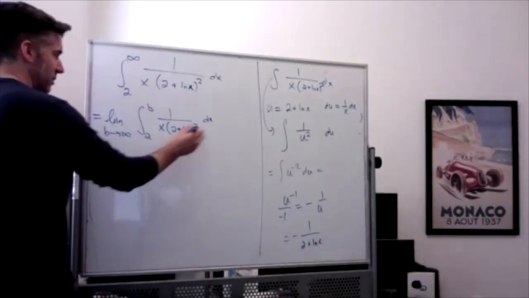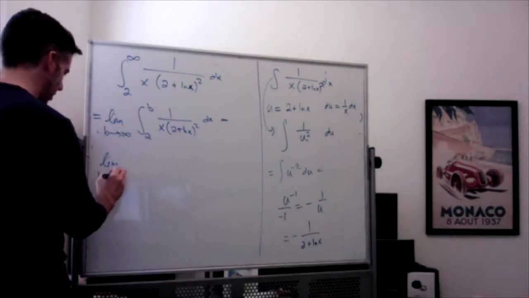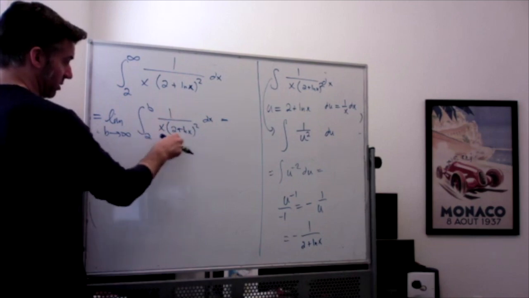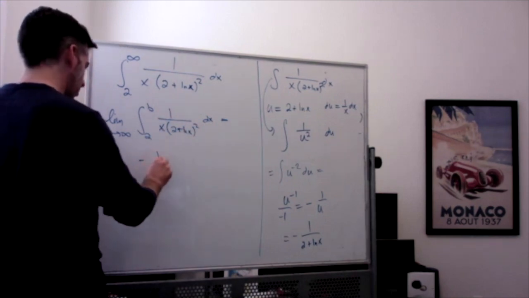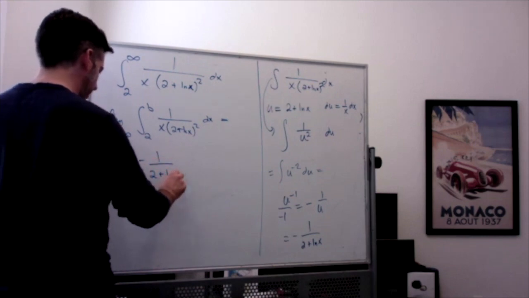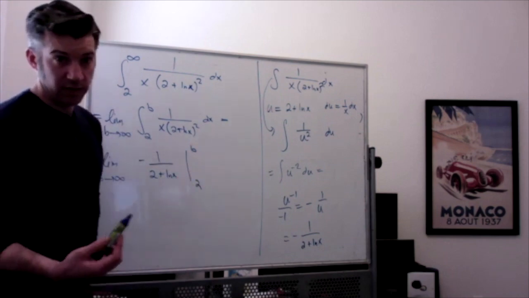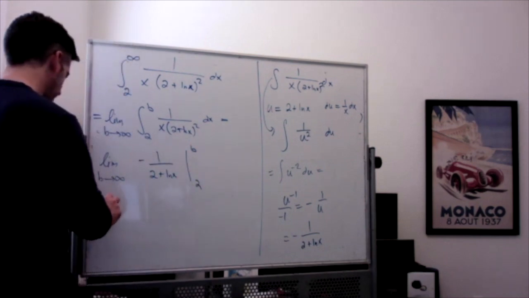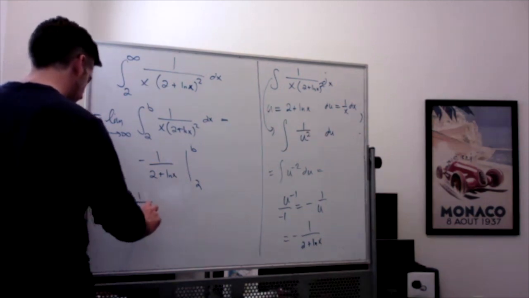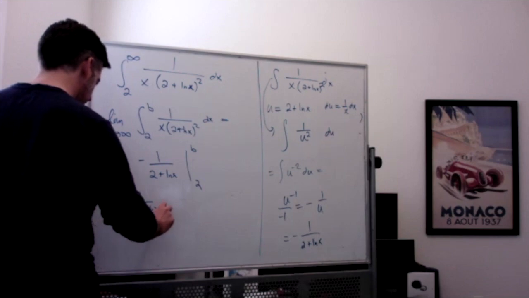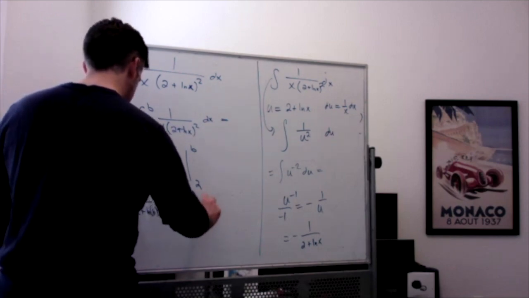So then I'm just going to say, okay, this is equal to the limit as b goes to infinity. The antiderivative of 1 over x times 2 plus natural log of x, squared is negative 1 over 2 plus natural log of x, evaluated from 2 to b. Then we plug in our limits of integration. So it's still the limit as b goes to infinity of negative 1 over 2 plus natural log of b, minus negative 1 over 2 plus natural log of 2.